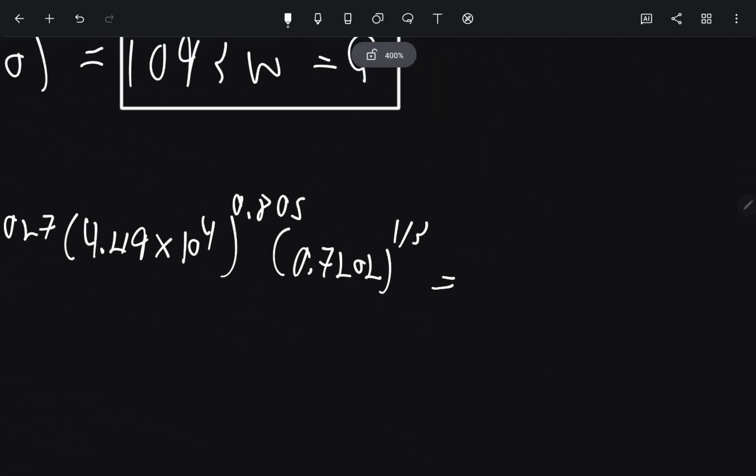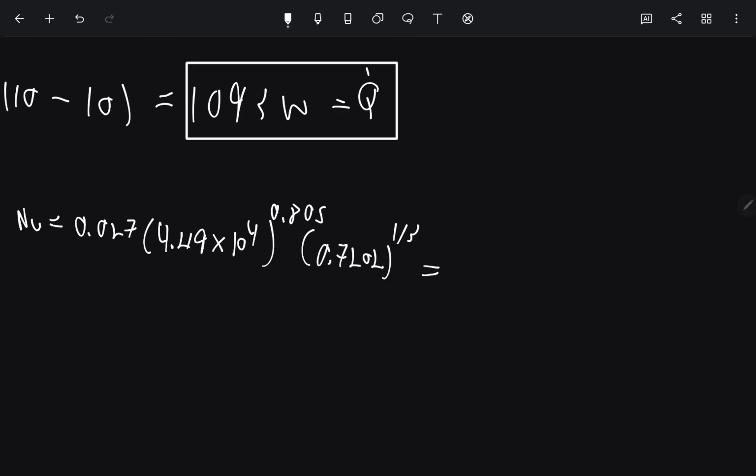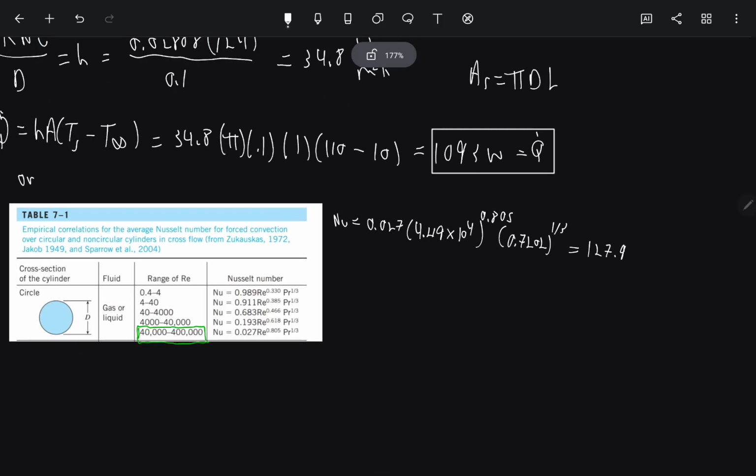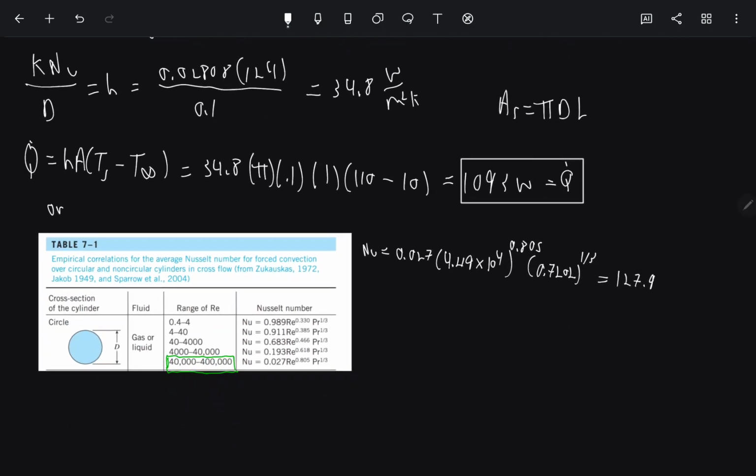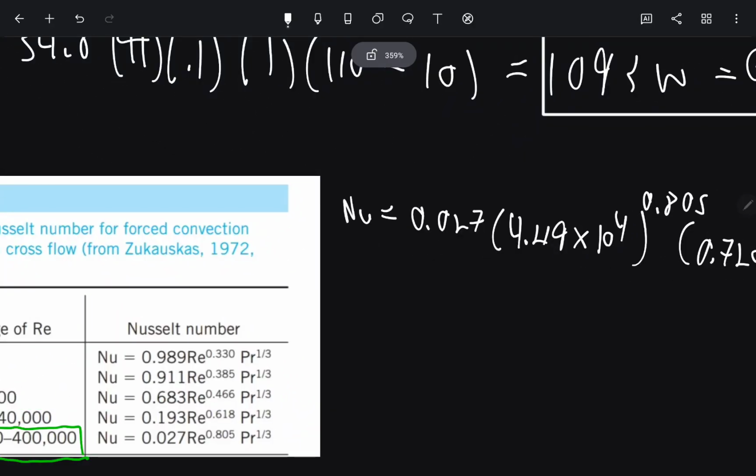We type all of this into our calculator. So this estimate gives 127.9. Again, this is an estimate. Both of these are actually estimates. So 124 versus 127.9, those are pretty close, which means we probably did them both right.